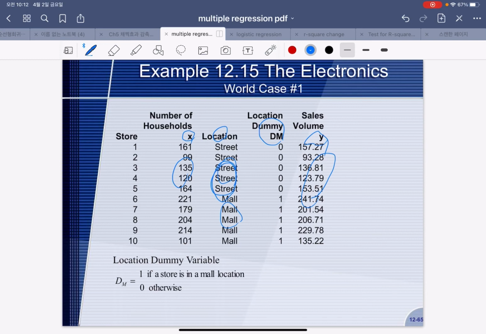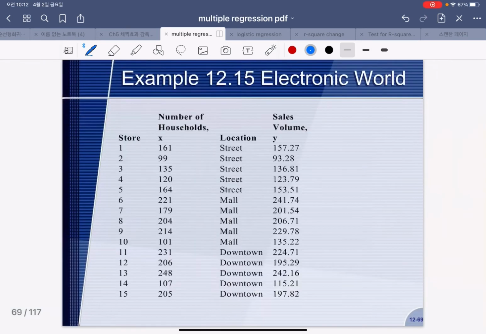If you have three categories, then you need to use two dummy variables. For example, in this case, dummy 1 and dummy 2. For street, you can use 1 for dummy 1 and 0 for dummy 2.